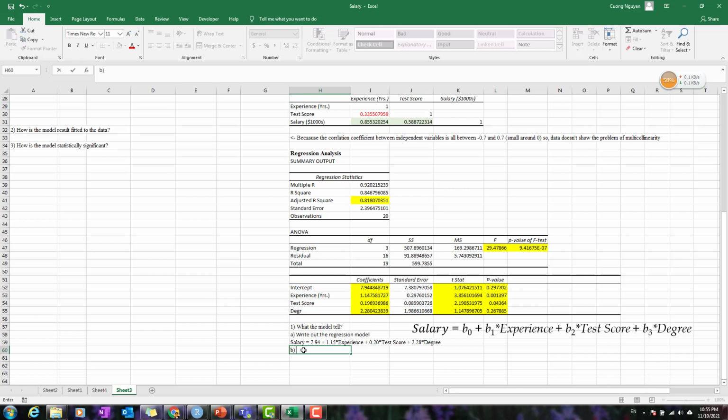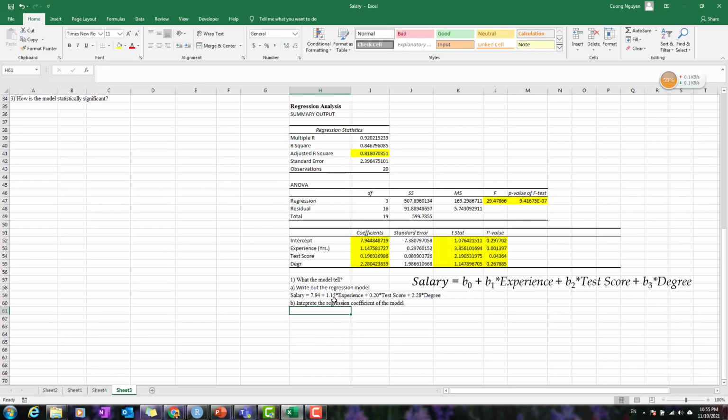So this would be the time to interpret the regression coefficient of the model. Okay, so what does it mean when we say beta 1, beta 0 here? That would mean 7.94.